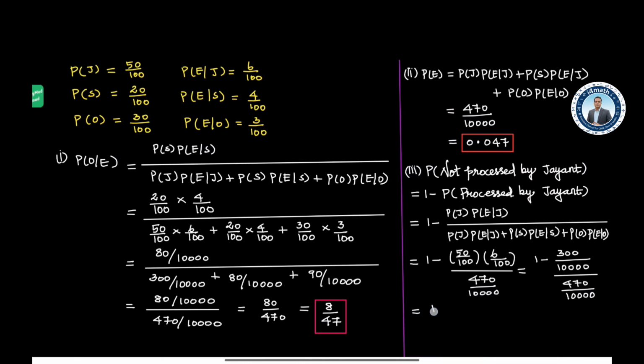So which is equal 1 minus, 10,000 and 10,000 will get cancelled, so 300 divided by 470.